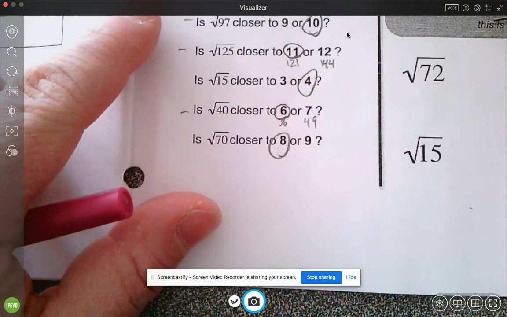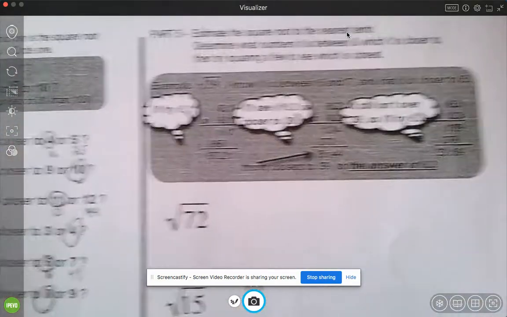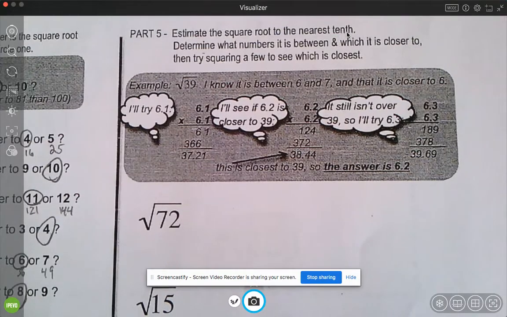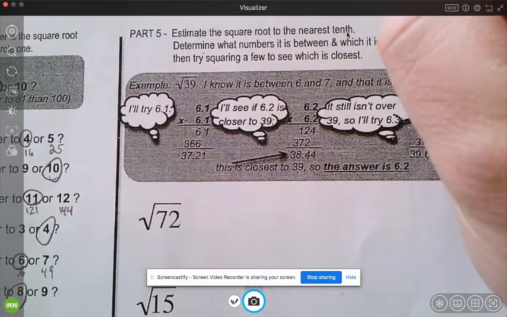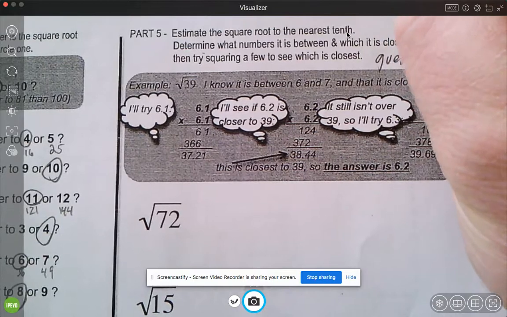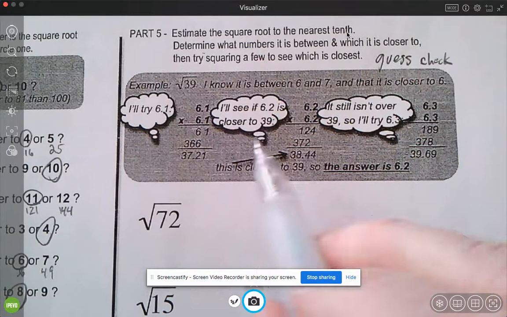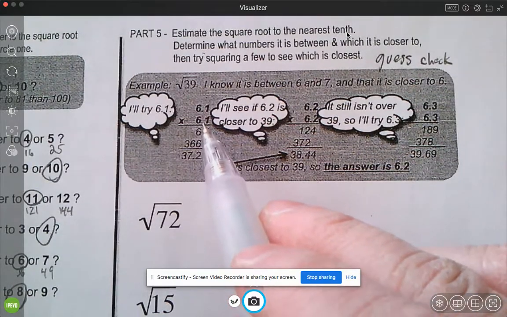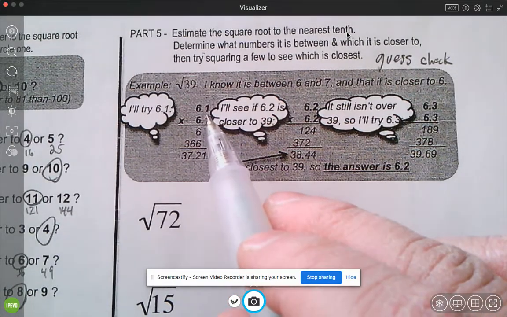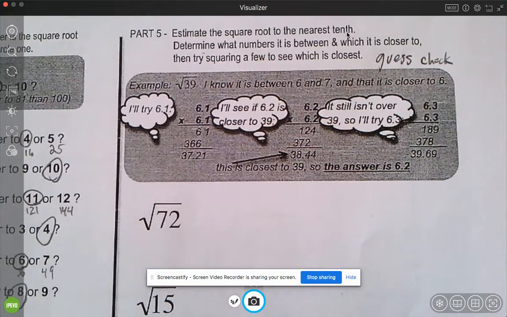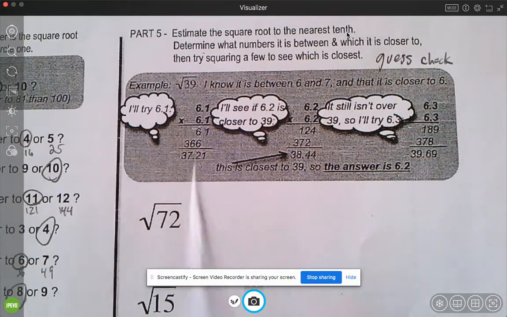All right, so now comes the final step, which is where you actually have to estimate the square roots to the nearest tenth. And again, this is the guess and check. Yesterday, or the day before, we multiplied a number with a tenths place by itself, and that's why we're doing that, so we can see which one it's closest to. In this example, they tried the square root of 39.